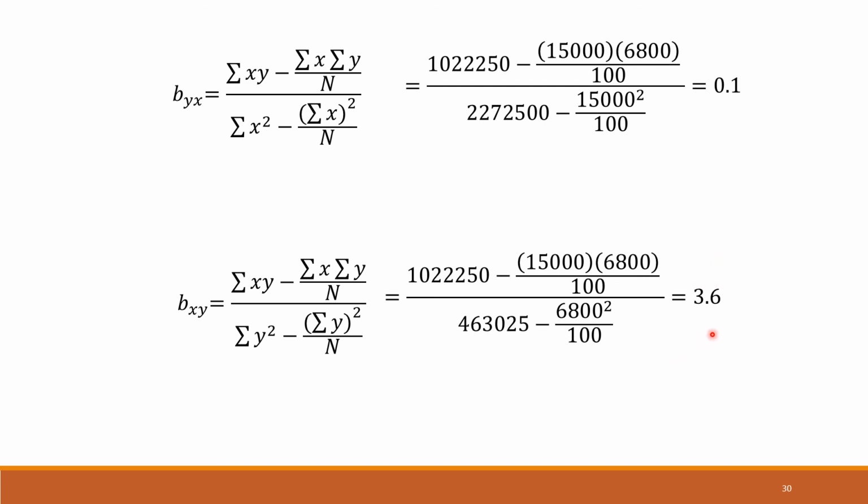We are not calculating anything new. All the summations are given in the problem. It is only substituting in the formula. So byx is 0.1, bxy is 3.6. One is a number greater than 1, but the other is less than 1, so it is okay. We can calculate the value of r square.